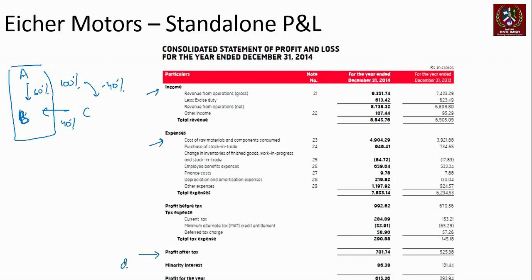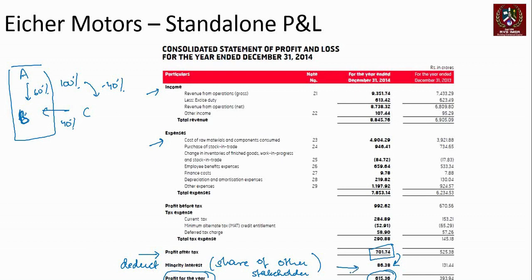After that, you deduct the share of the other stakeholders, right? Once you deduct this, what is left is the profit for the year. So in this case, 701 crore was the profit. From that, you deducted 86 crore. What is left is 615 crore. That is what is available for appropriation. This 86 crore was the profit that was not Eicher Motors'.